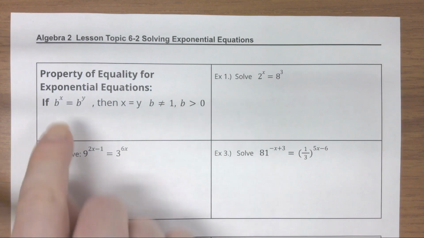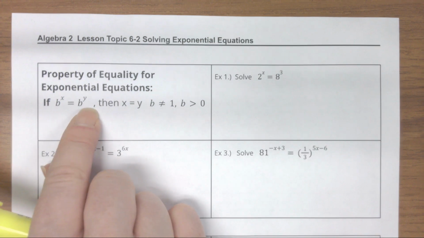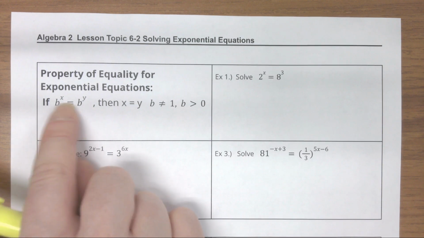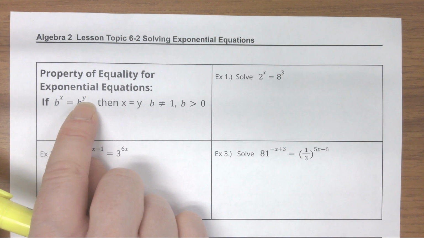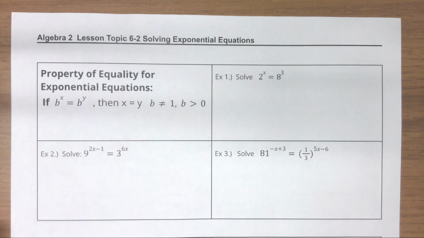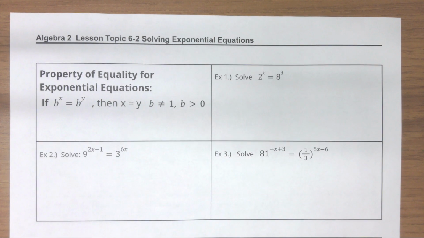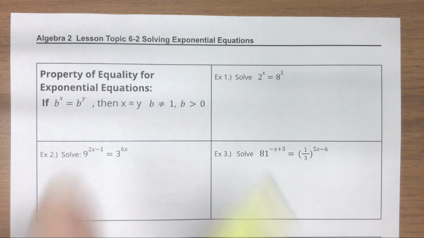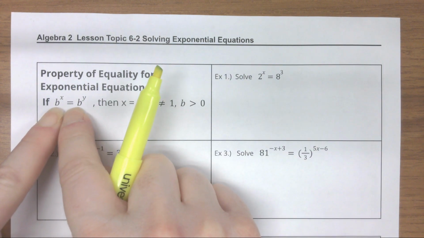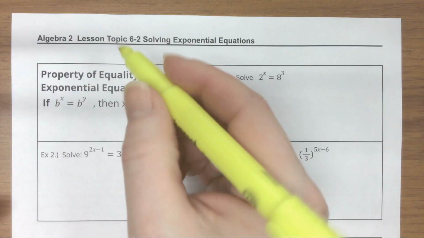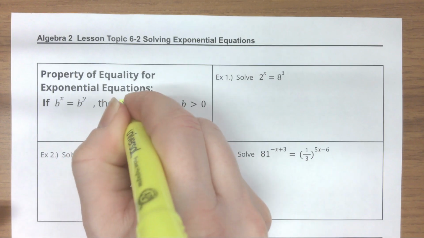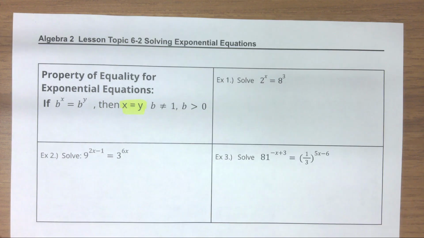If you have the same bases and they're both raised to an exponent, and I wanted to solve that, I don't really need the bases anymore, right? If the bases are the same, and there's an equal sign here, doesn't that mean that their exponents would have to be the same? Okay, that's all I'm saying.